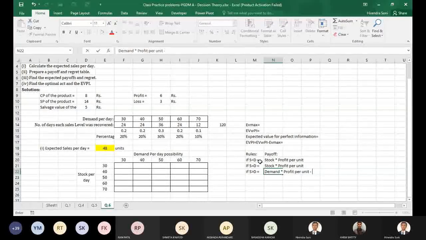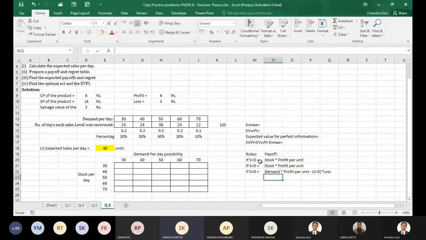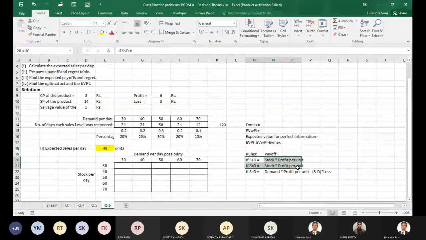Correct? So excess stock कितना आएगा? S minus D into loss. Correct? Fine. अब यही चीज को हम इधर पर अप्लाई करना शुरू करते हैं. Now it is easy for us to work around for all of these. इसमें थोड़ा सा मेहनत करनी पड़ेगी, तो हम पहले इसको वर्कआउट कर लेते हैं.